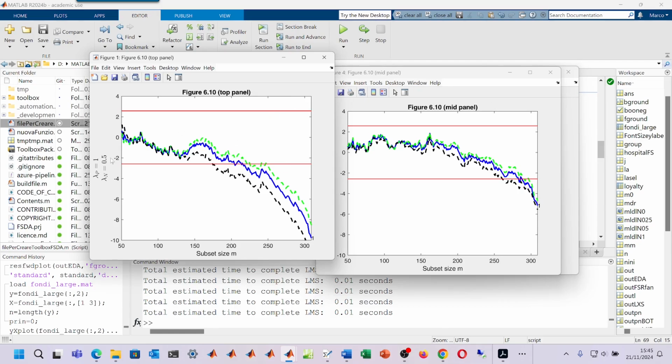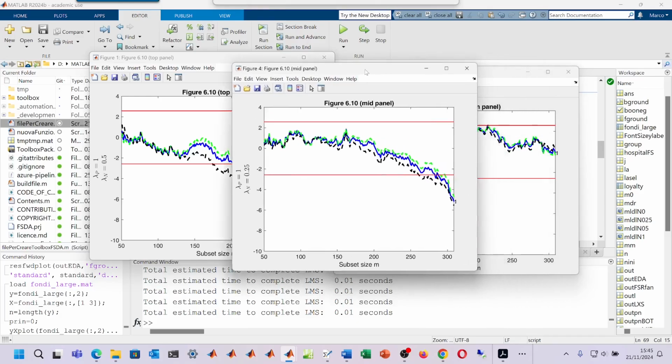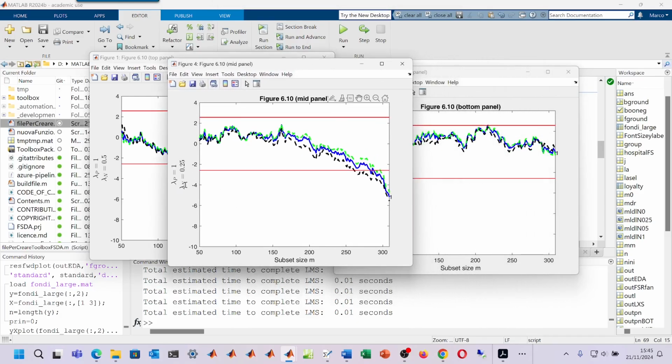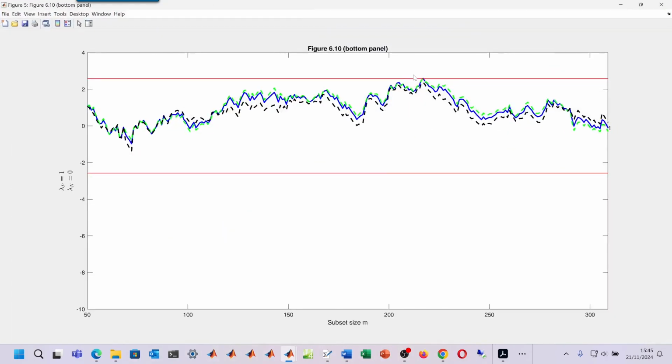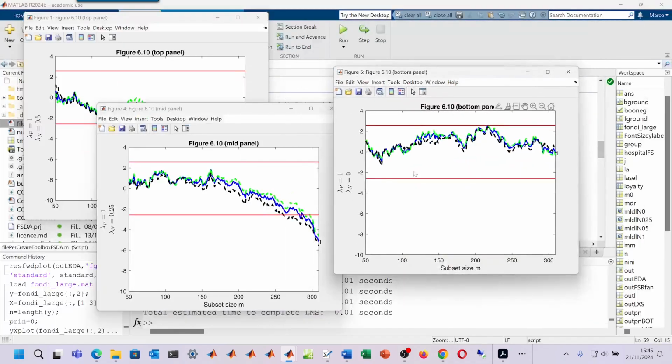You can see that these two values lead to a trajectory which is not inside the bands. So instead of 0.5 for negative observations, we consider 0.25, and you see that the trajectory is better. And we are doing even better if we consider 1 and 0. You can see now that there is an agreement between the three tests.